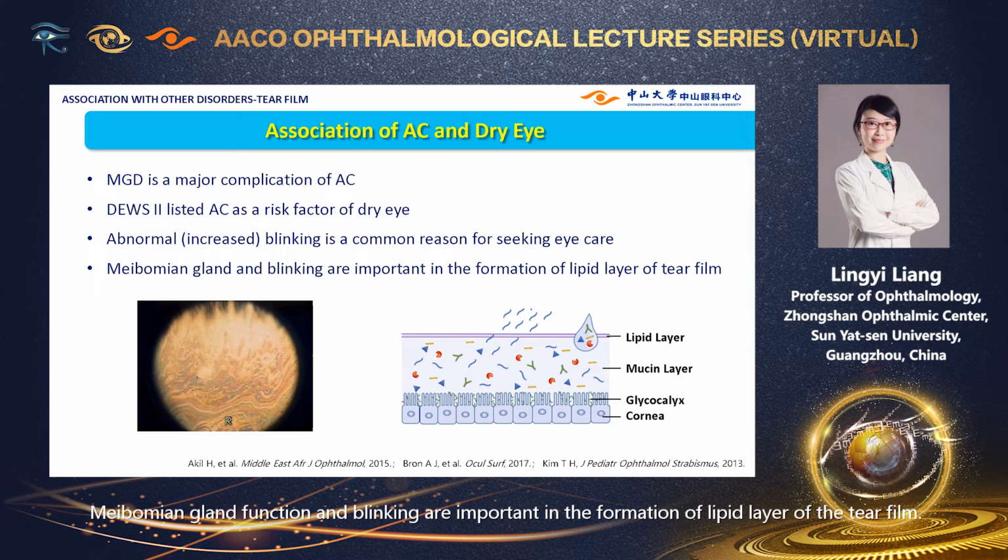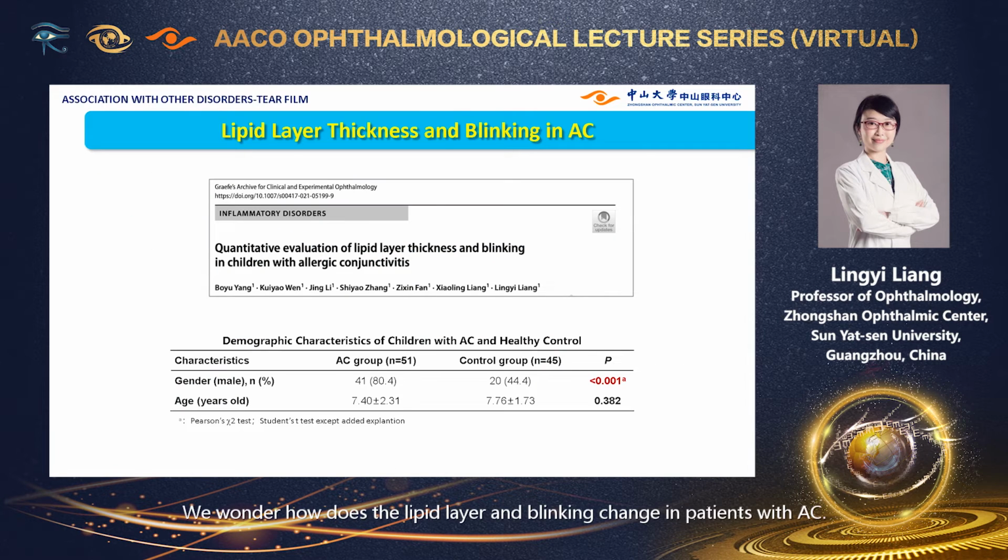Meibomian gland function and blinking are important in the formation of the lipid layer of the tear film. We wondered how the lipid layer and blinking change in patients with AC. We conducted a prospective controlled study by enrolling AC children and age-matched healthy children as controls. We focus on pediatric patients because AC is more prevalent in this population.